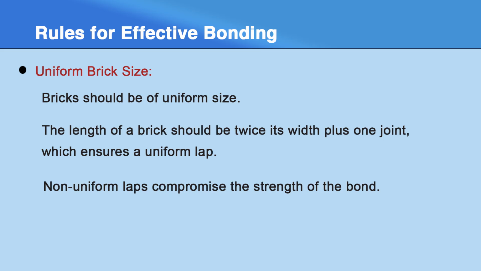The length of a brick should be twice its width plus one joint. This will ensure a uniform lap. If the laps are non-uniform, then it may compromise the strength of the bond.